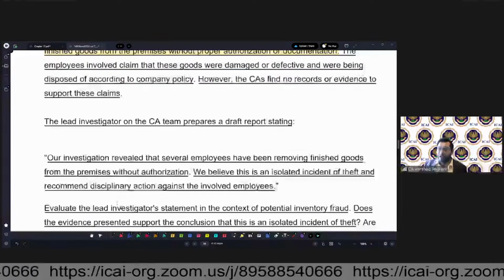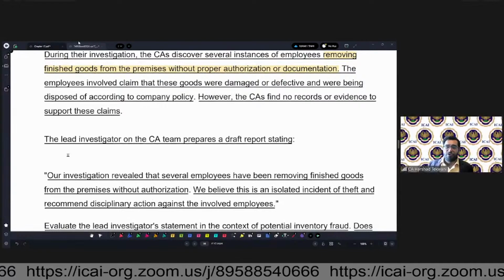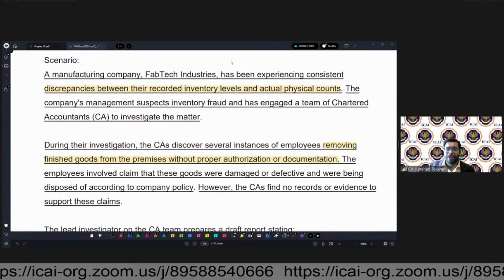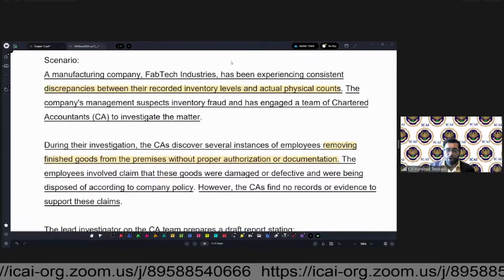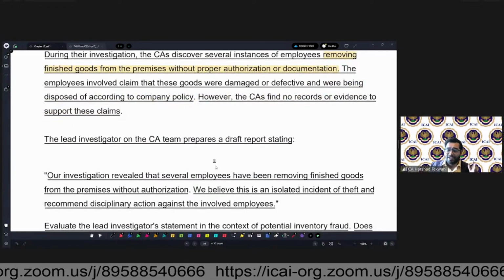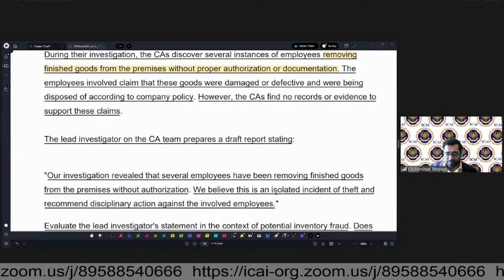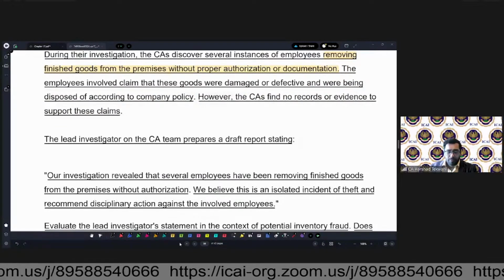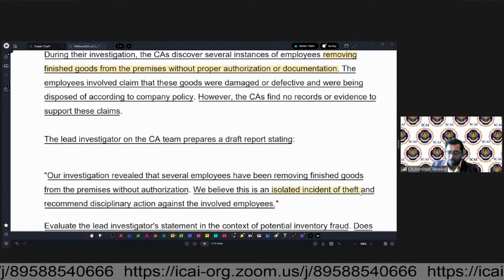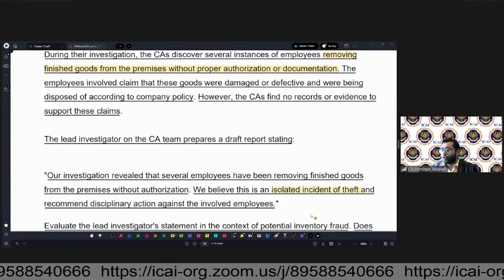Tell me about the inventory fraud that could happen based on the given information, and what red flags you can consider in this kind of fraud. Is a statement that this is an isolated incident of theft, and not a fraud, appropriate or not?